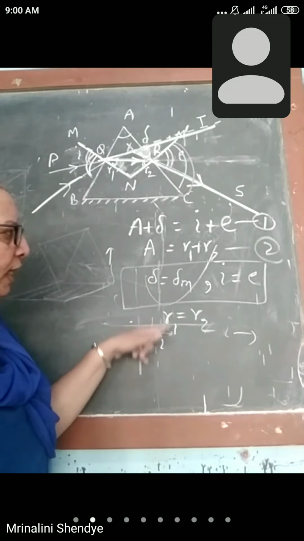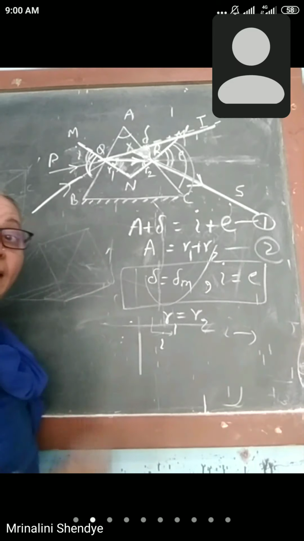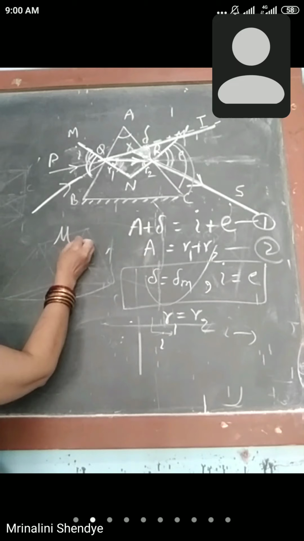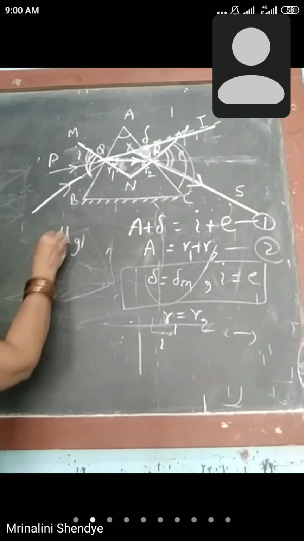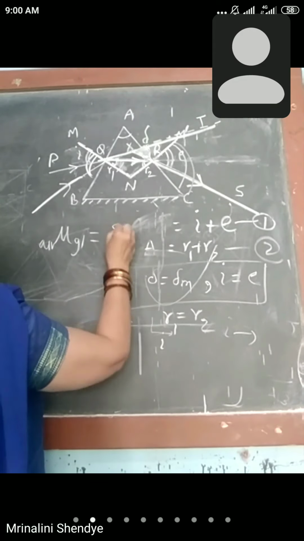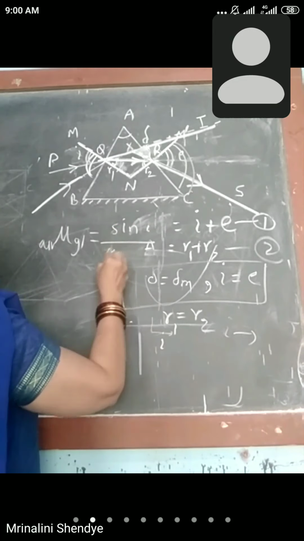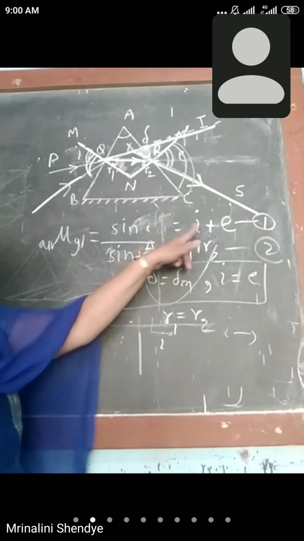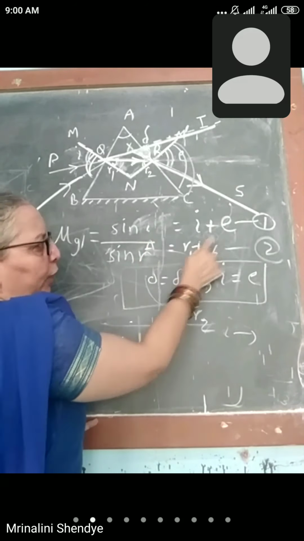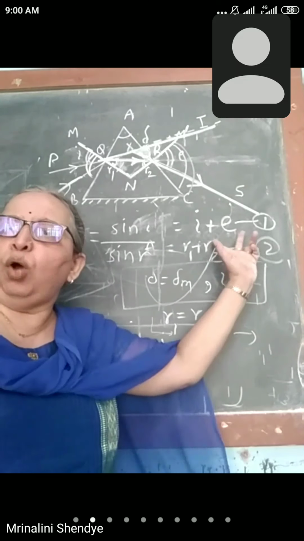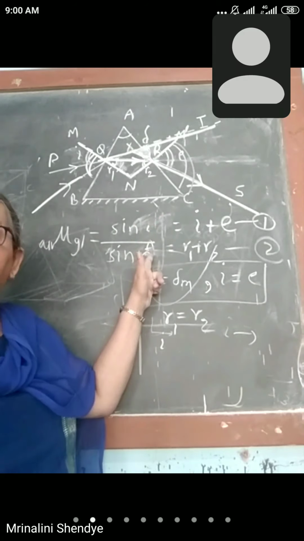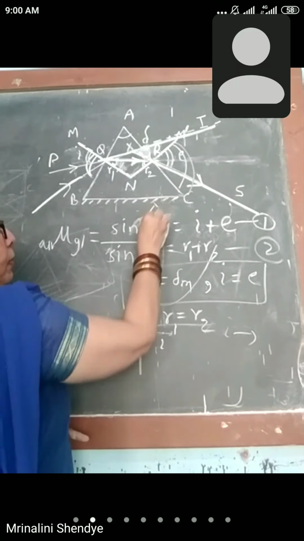So using these two, using Snell's law, the refractive index of the medium of glass with respect to air will be sin I upon sin R. And you can find I: 2I will be A plus delta M, because I is E. So I will be A plus delta M by 2.